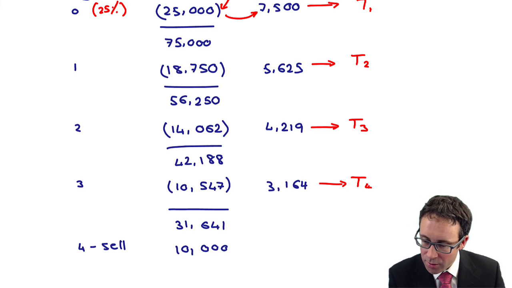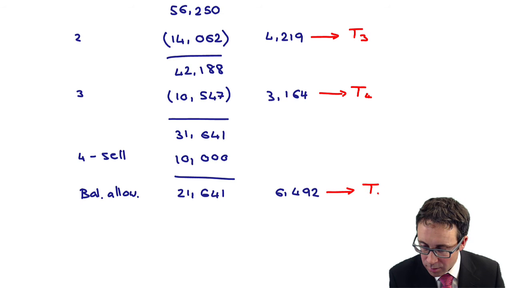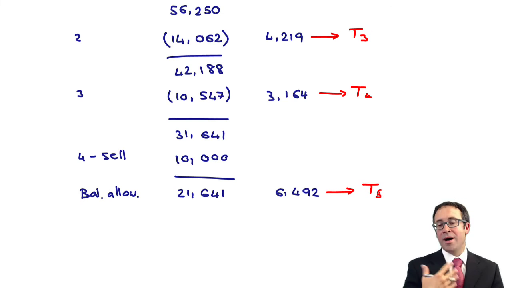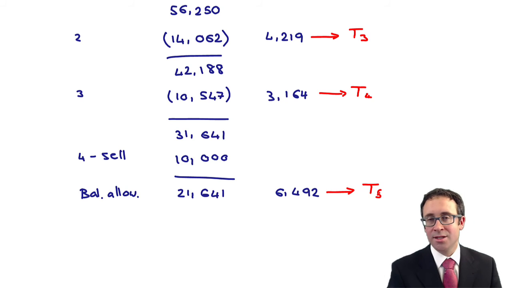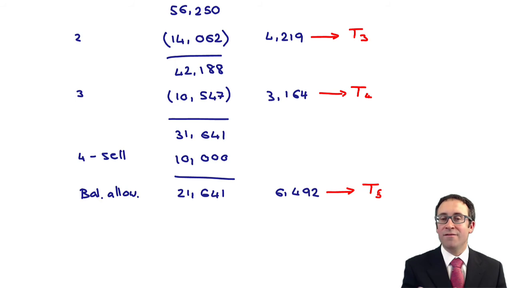When you use the asset in its fourth and final year, that's when you sell it, at T4. So the balancing allowance that arises in T4 isn't part of the tax computation until T5.